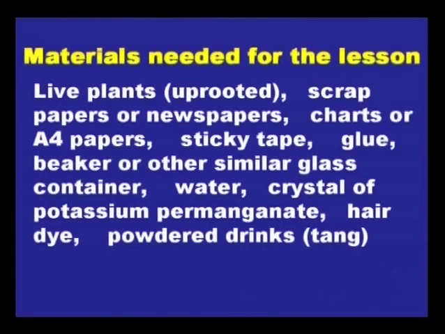The materials needed for this lesson are live plants or uprooted plants, some scrap papers, newspapers, charts or A4 papers, stick tape, glue, a beaker or other similar glass container, water, crystals of potassium permanganate, and hair dye or powdered tan.